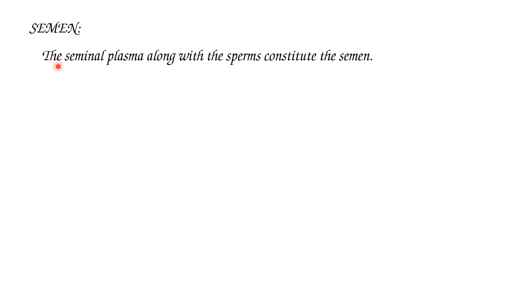Semen. What is semen? The seminal plasma along with sperms constitutes the semen. So semen is equal to seminal fluid plus sperms together, and this semen is an alkaline fluid and its pH is 7.4.